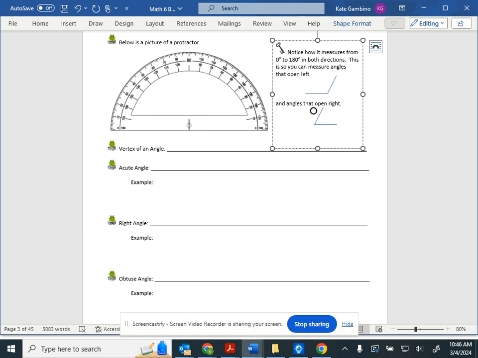So we have some vocab words to put in. I am going to, because my pen is not working for whatever reason, write it under the document camera.